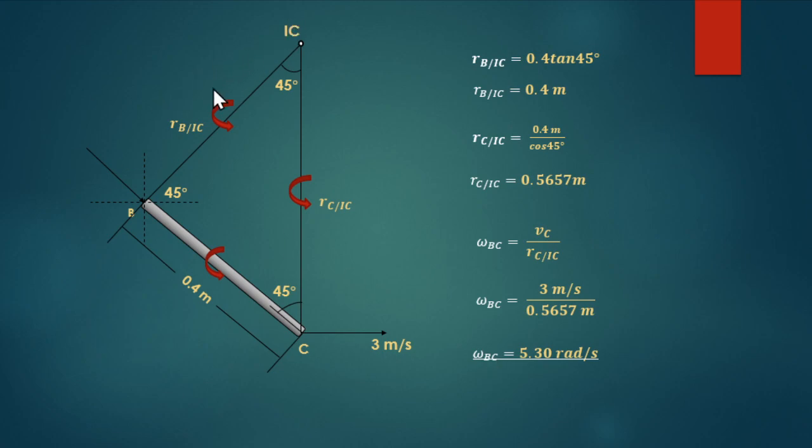Now we can get the value of the velocity at point B. The omega B IC is also equivalent to 5.30, because these three are equal, right? So omega B IC is 5.30 rad per second also.